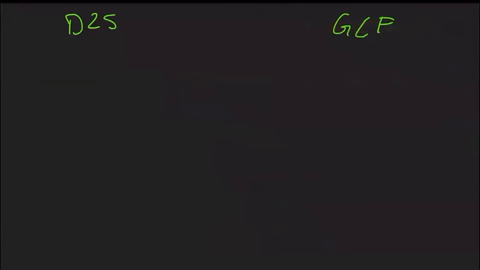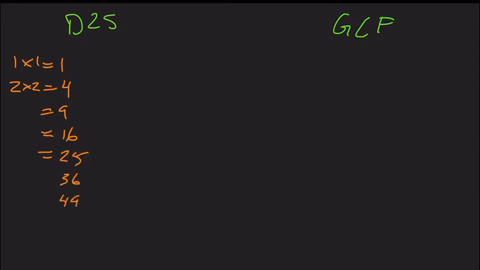So difference of two squares, for this one, you want to remember all your perfect squares up to 15 basically, or be able to kind of rediscover them yourself. And just remember 1 times 1 is 1, 2 times 2 is 4. And then we have 3 times 3 is 9, 4 times 4 is 16, then 25, 36, 49, 64, 81, 100, 121, 144, 169, 196, 225.